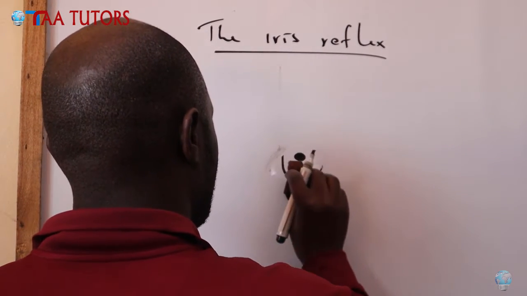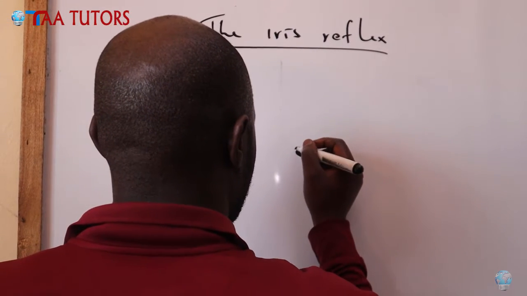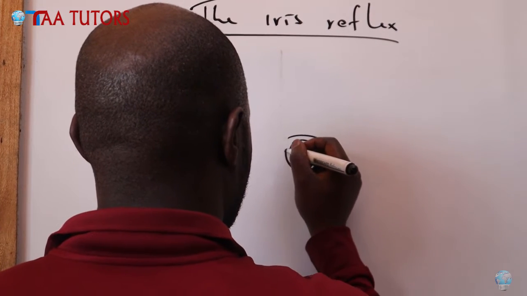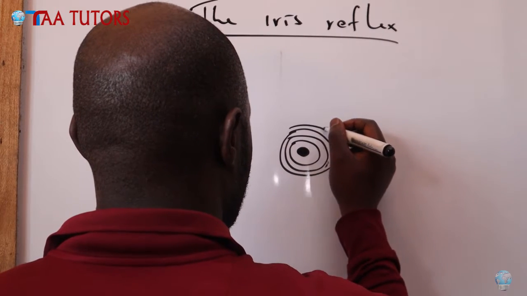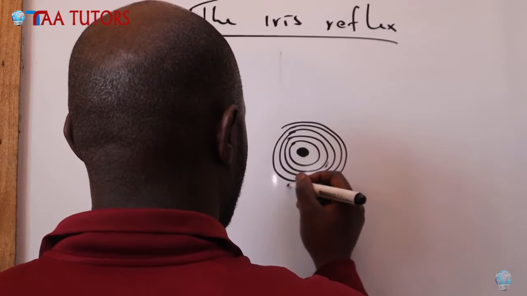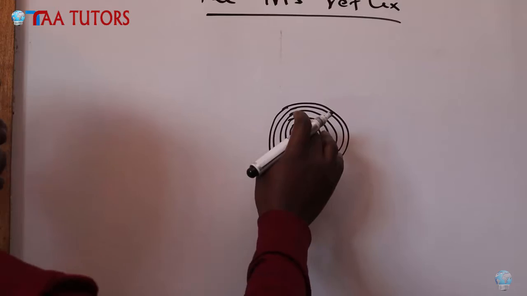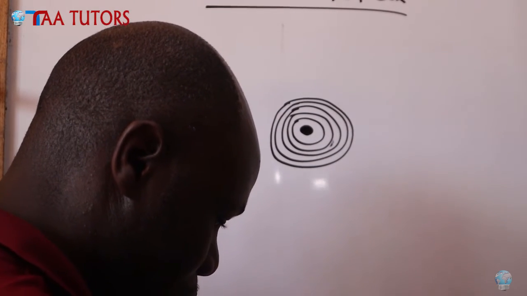These are muscles that are found around the pupil of the eye. So this is how the iris is. This is the picture we are having. This is the pupil, where the light will be passing through.